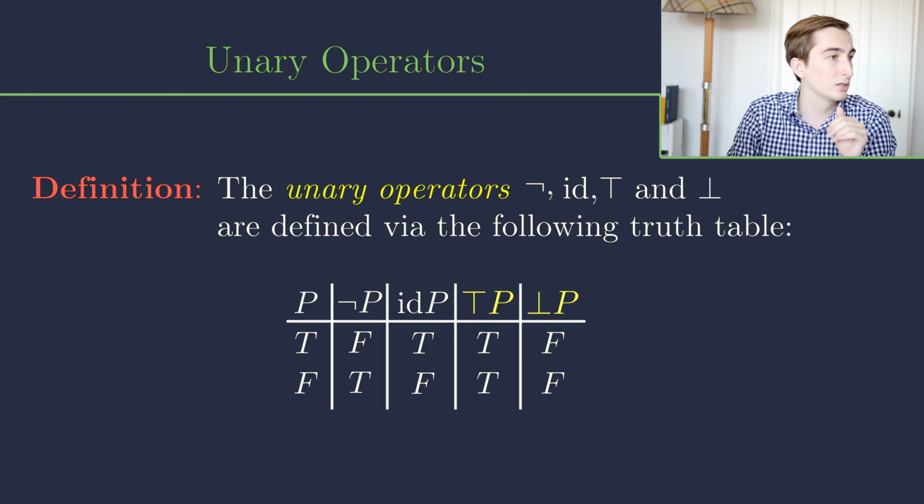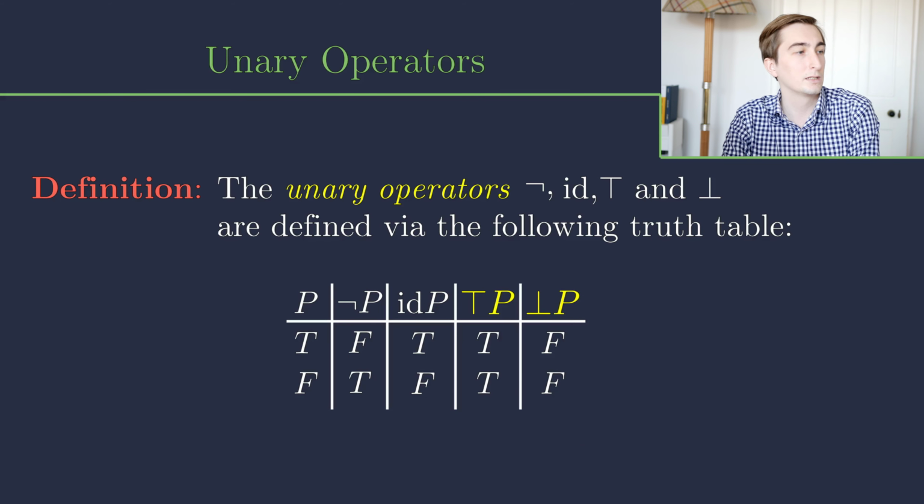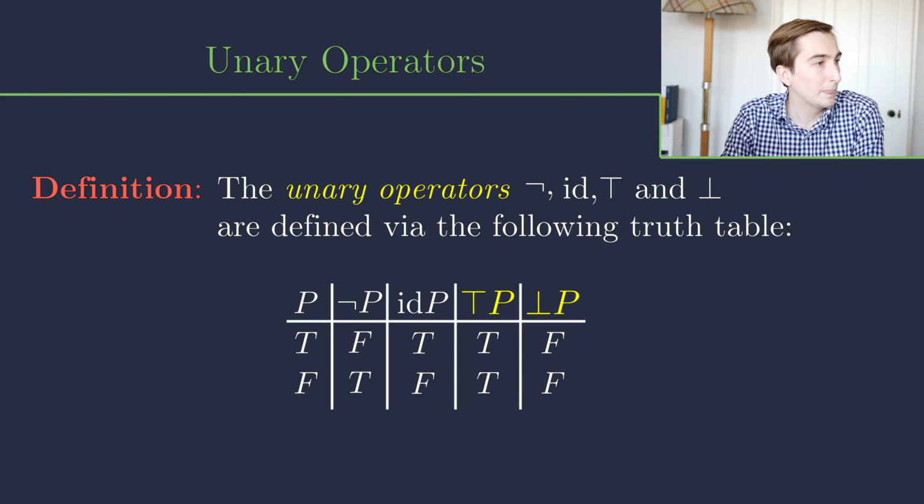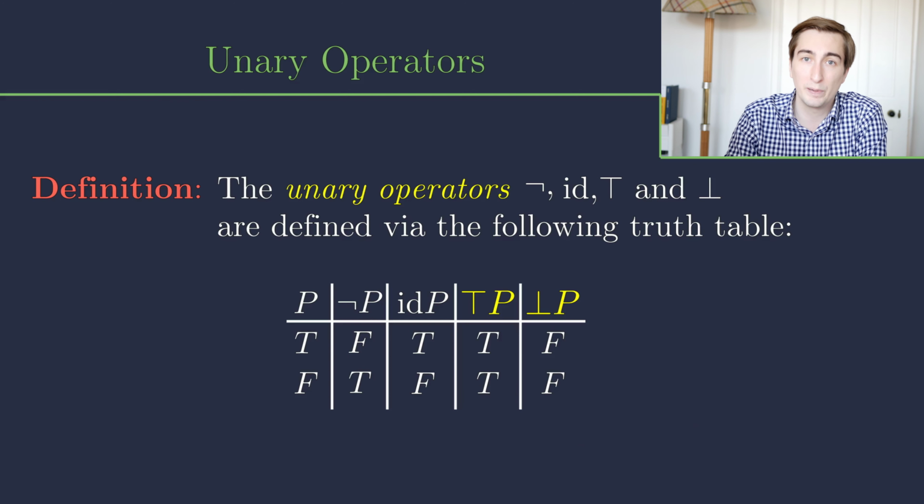And if we just look at these final two operators for a minute, we see that they do the same thing to every single propositional variable. It's regardless of whether the propositional variable was P or Q or any propositional variable. So you often see this notation where you can get rid of the P in this table.